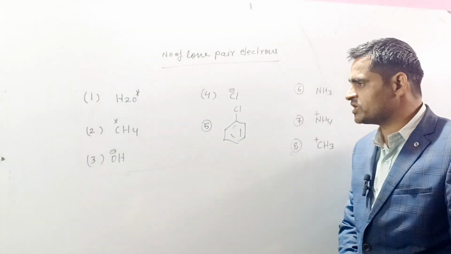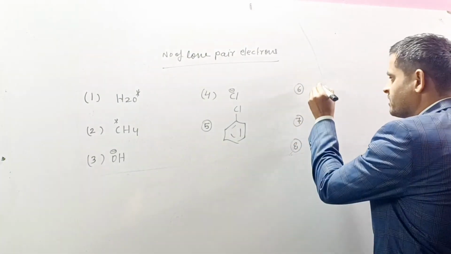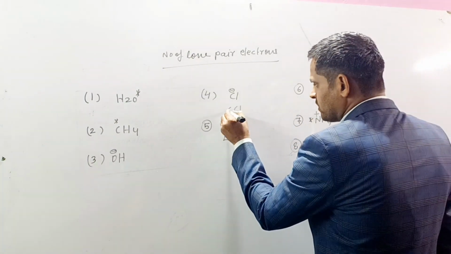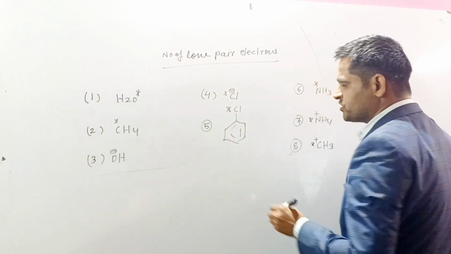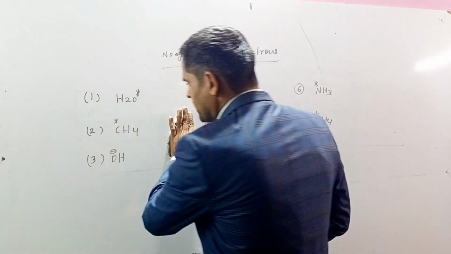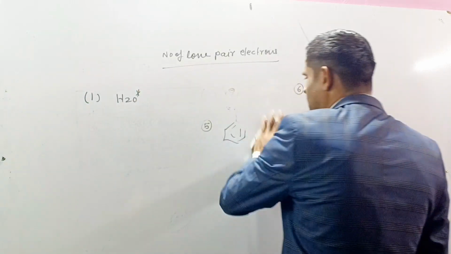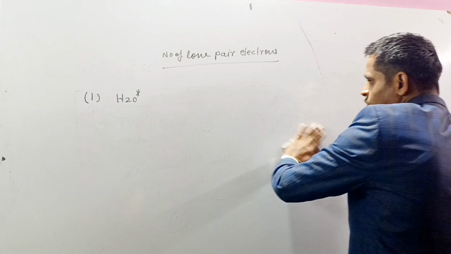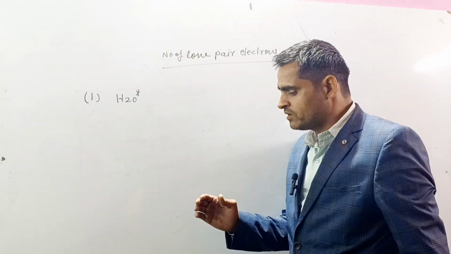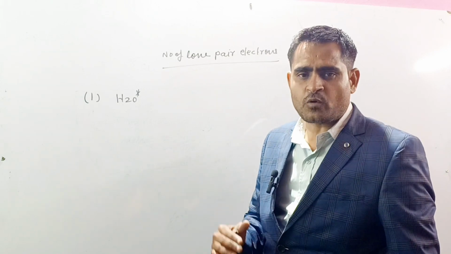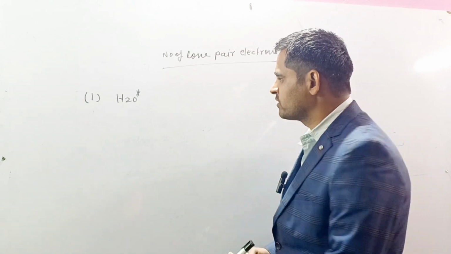Now we will discuss calculating the number of lone pair electrons. The atom is denoted by the star. Now let us start, and please write down your problems and solve all kinds of problems in your notebook.